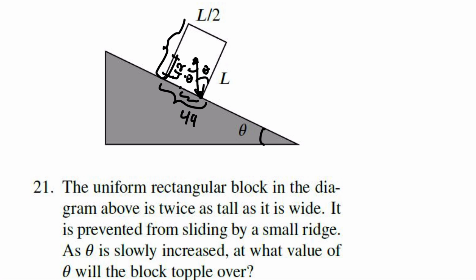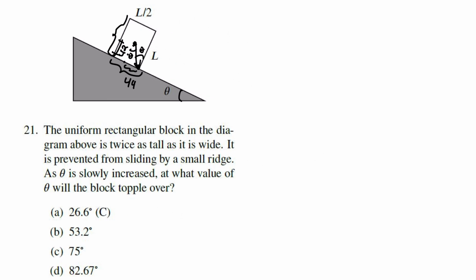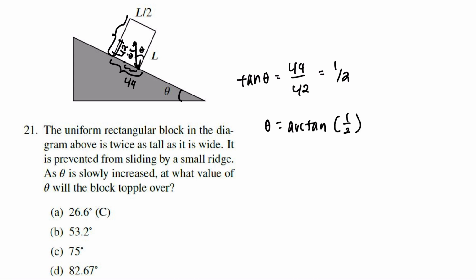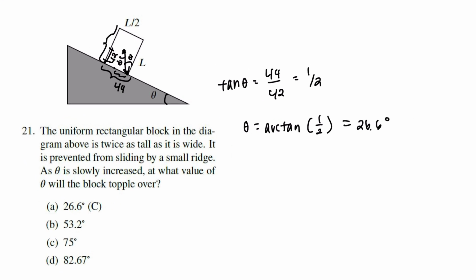So then the tangent of theta would be equal to L by 4 over L by 2, which is just 1/2. So theta is the arctangent of 1/2, which in degrees would be 26.6 degrees. Just a reminder to have your calculator on you during the test because you will need it for these numerical style questions. Choice A.